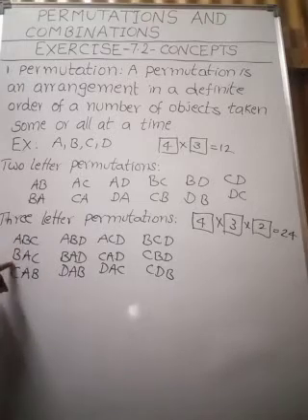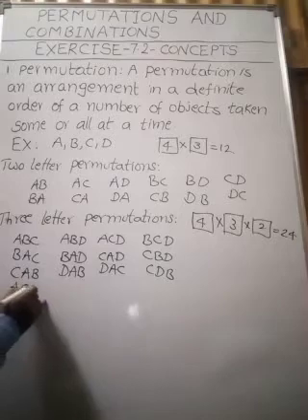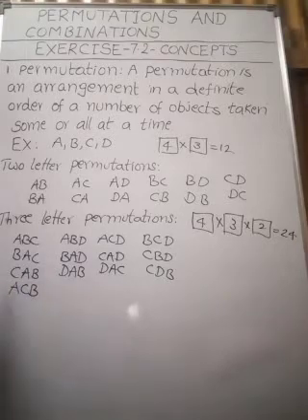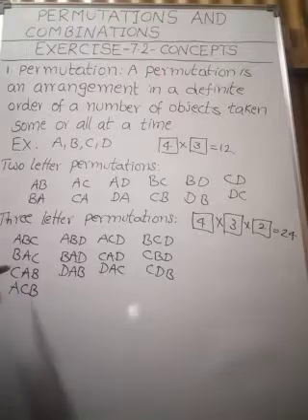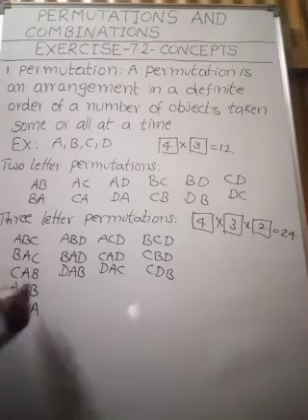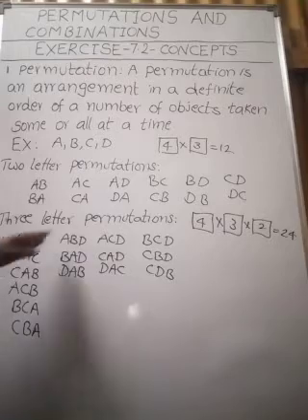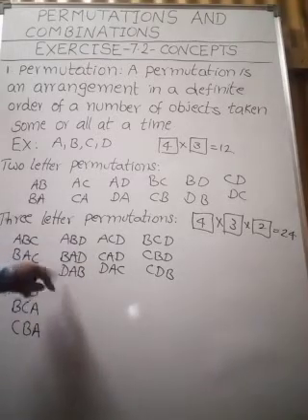ABC, ACB, isn't it, my children? Next, similarly, BAC, BCA. Next, CAB, CBA. Okay, my children. Similarly, arrange these 3 letters.